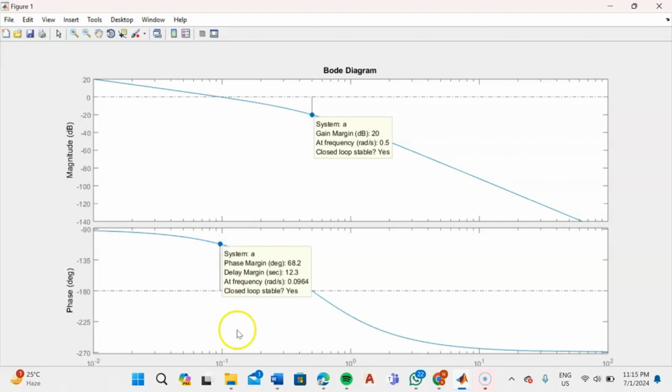And for this system, the phase margin is 68.2 degrees, delay margin 12.3 seconds, frequency 0.0964 rad, and this closed loop is also stable.